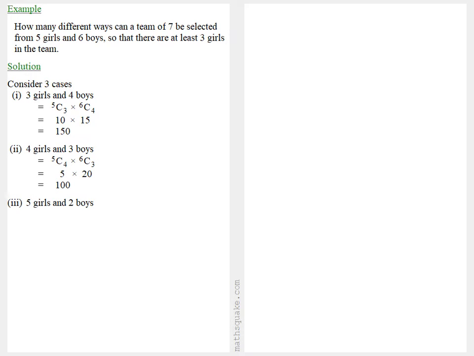And if we've got 5 girls and 2 boys, that's 5C5 times 6C2, which is 1 times 15 or 15. So if we put the 3 cases together, there's 150 plus 100 plus 15 different arrangements, which is 265. So the number of ways the team could be picked is 265.